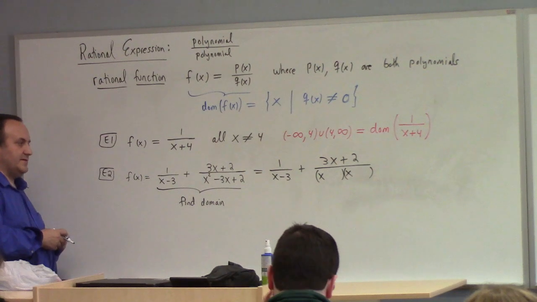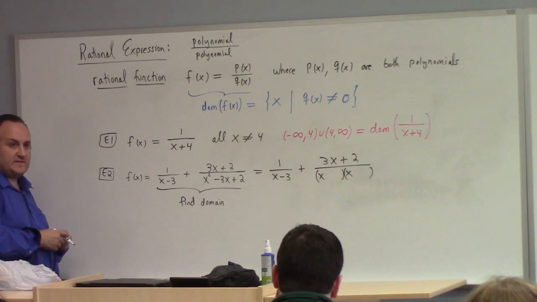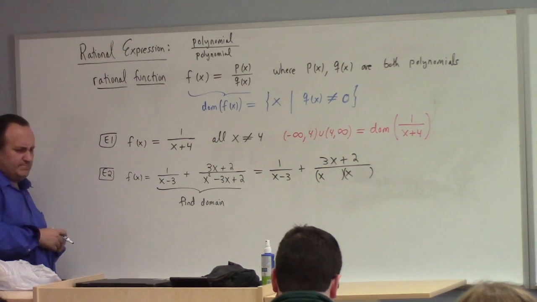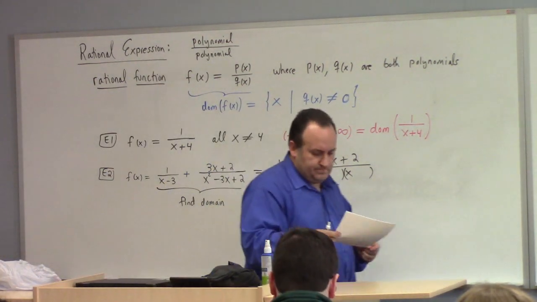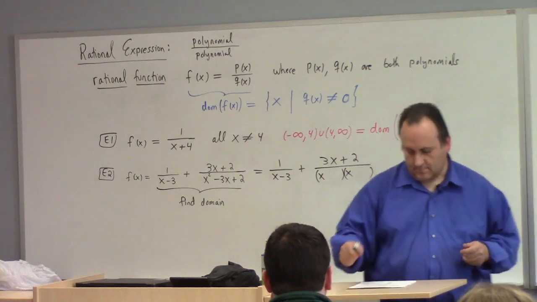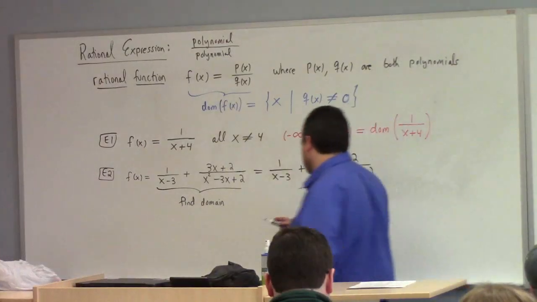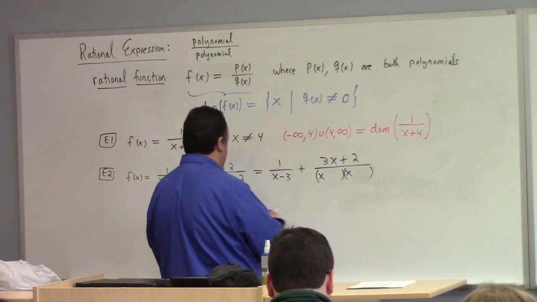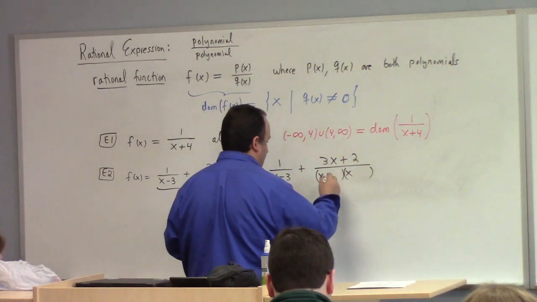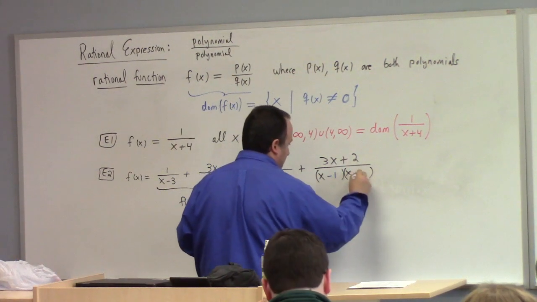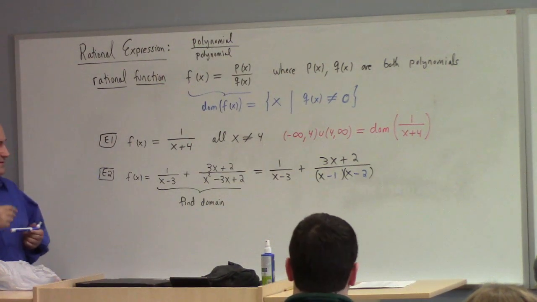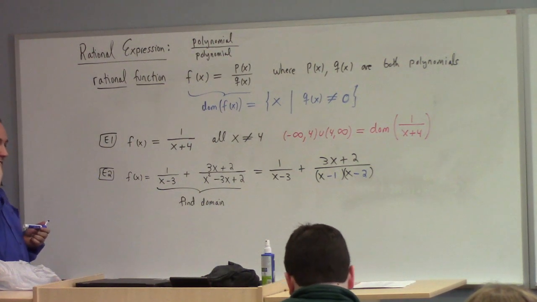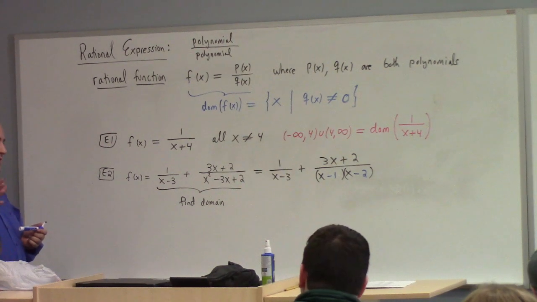How do we factor x squared minus 3x plus 2? x minus 1, x minus 2. Yep, x minus 1, x minus 2. Michael had a good idea to factor it.